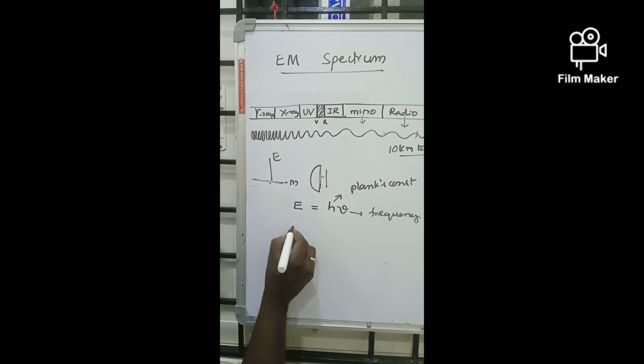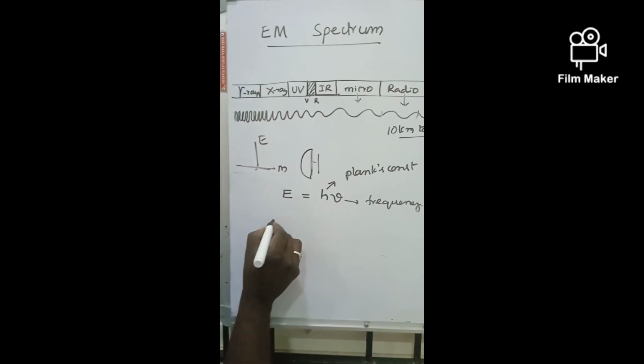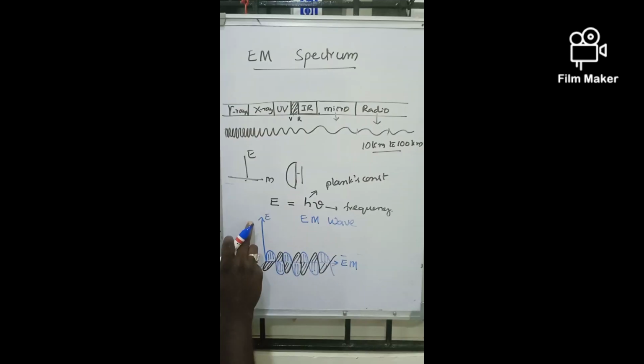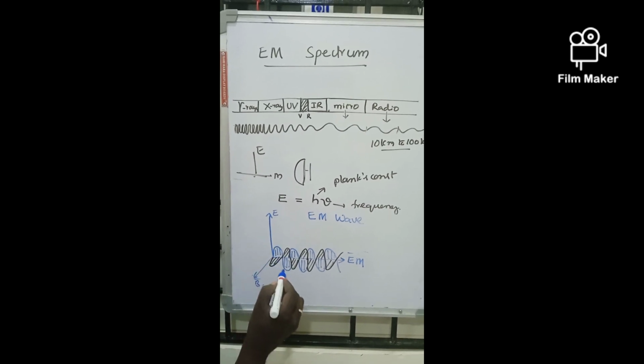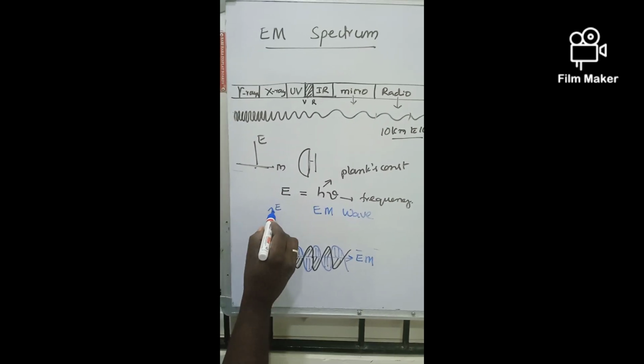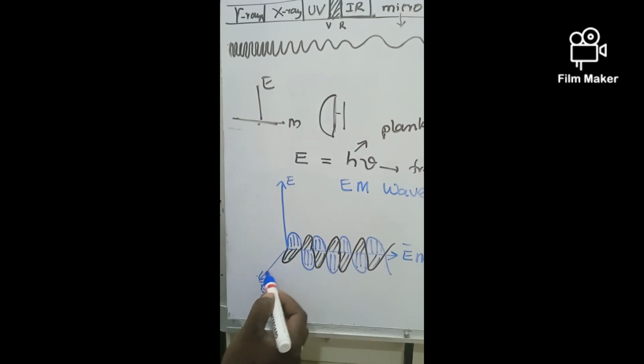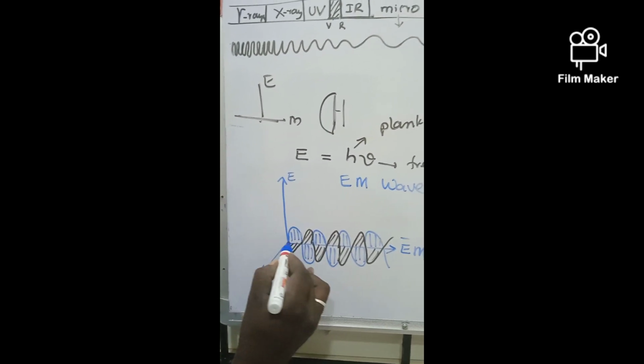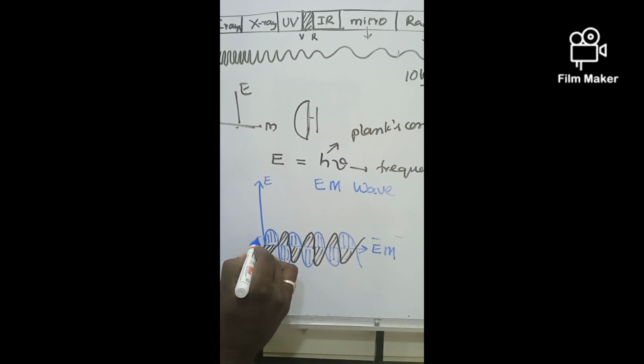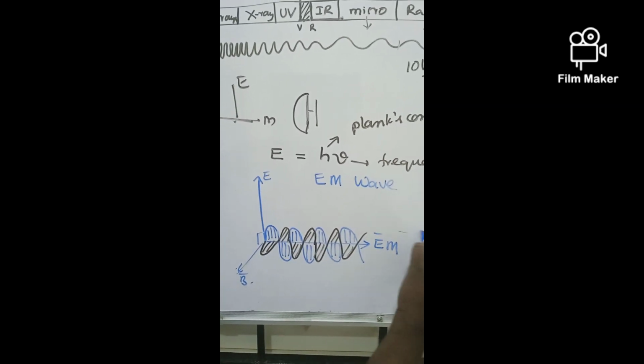Let's see a sample of an electromagnetic wave. The electric field is in the y-axis direction and the magnetic field is in the z-axis direction, and these are mutually perpendicular, the x, y, z three axes.